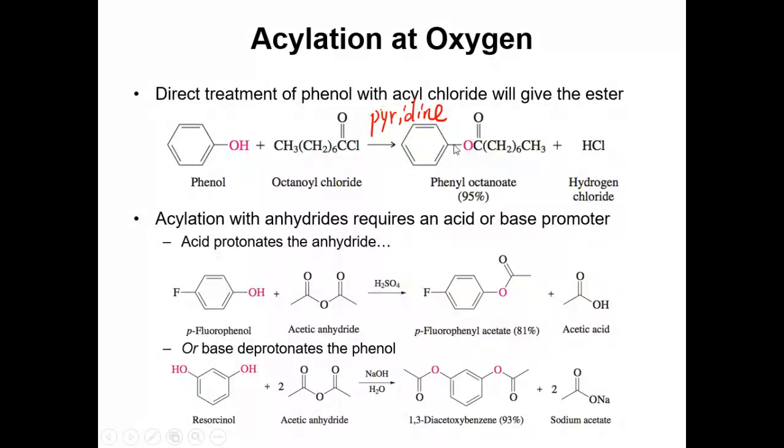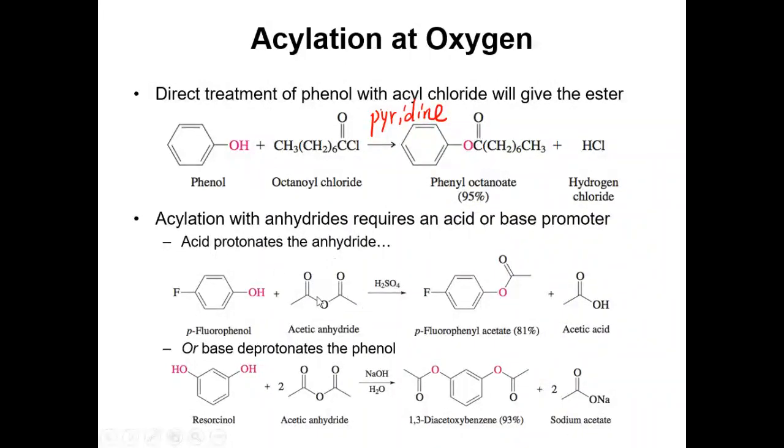So you get the O acylation as major product, because the oxygen atom is more nucleophilic than the ring carbon. The oxygen atom reacts with the electrophile faster than the ring carbon, so the O acylation product forms faster.